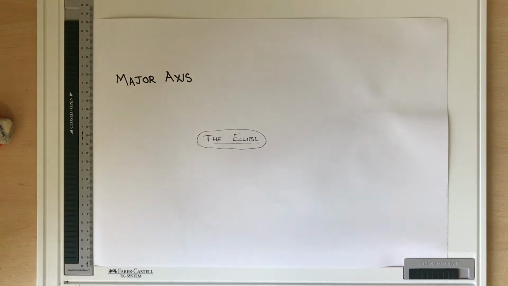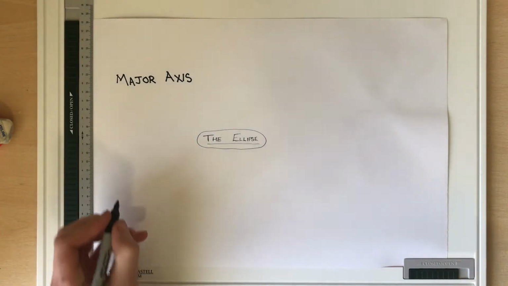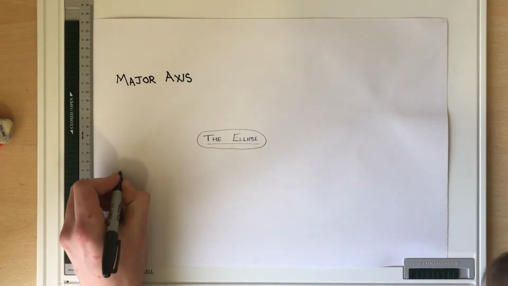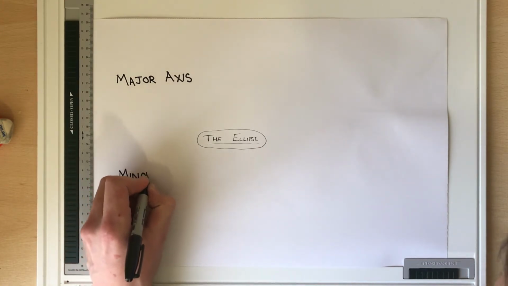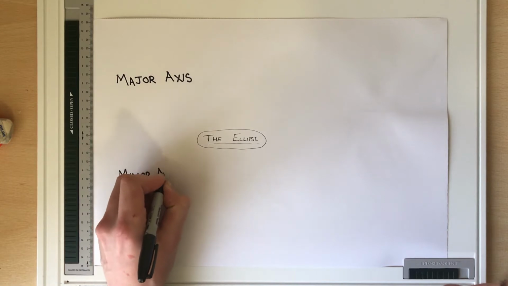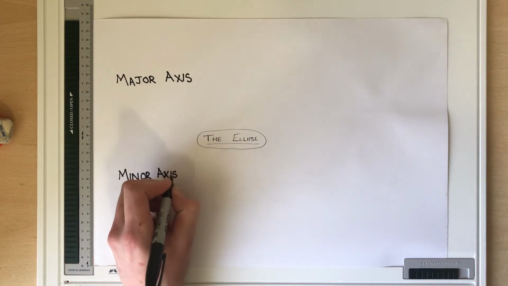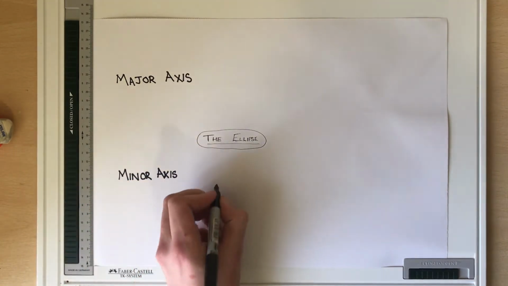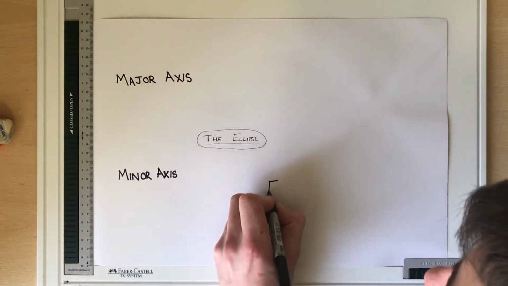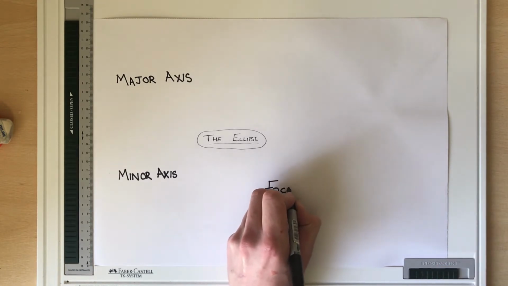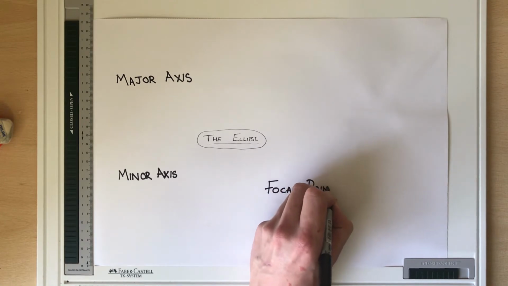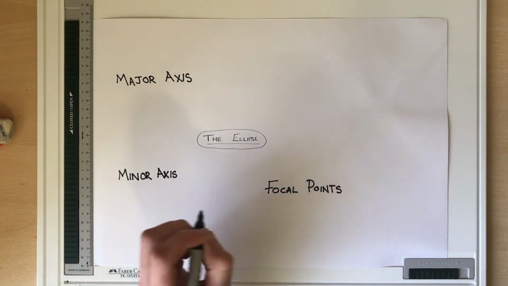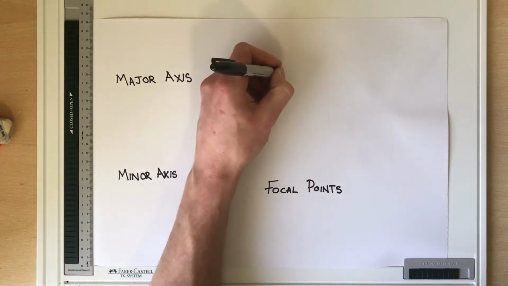So we want to know what the major axis is and what its relationship to the ellipse is. Next is the minor axis. After that we have the focal points. Next is the vertex.